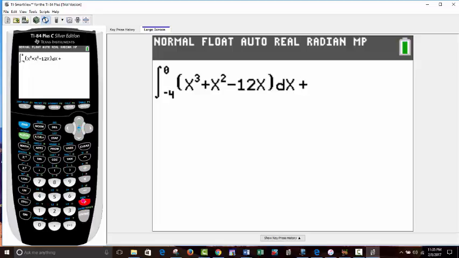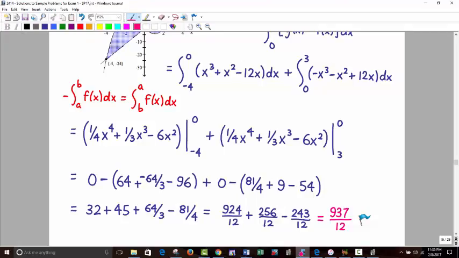And I'll go ahead and just put these together in the same problem. Now, you see I flipped them over right here using that property just because I wanted to make everything positive. So I can type it in this form and go from 0 to 3, or flip all those signs and go 3 to 0.